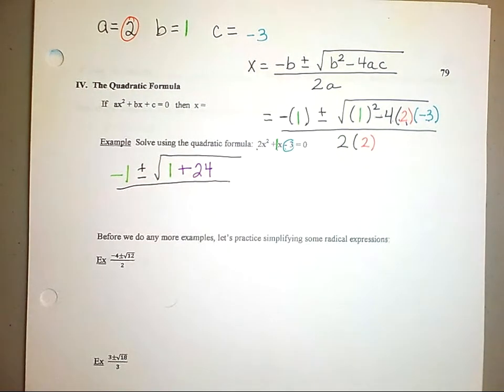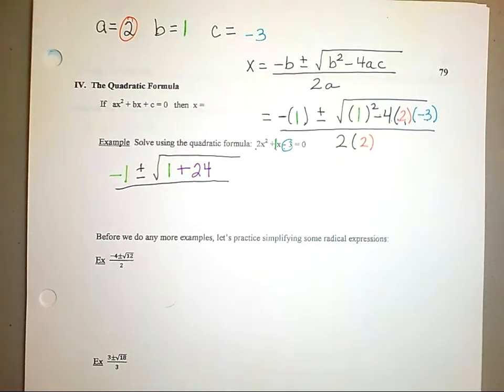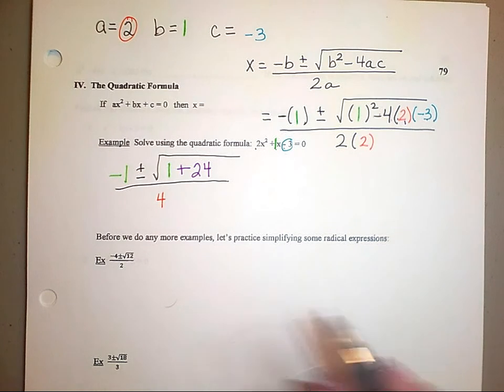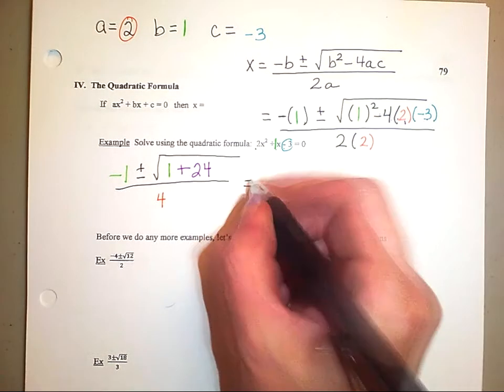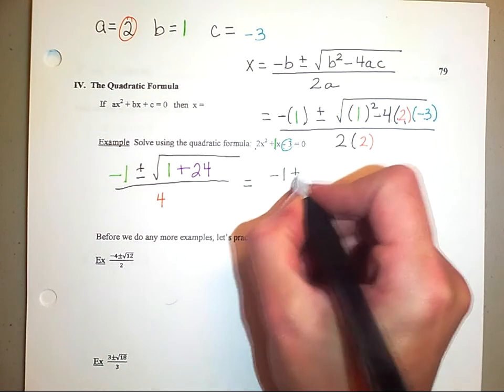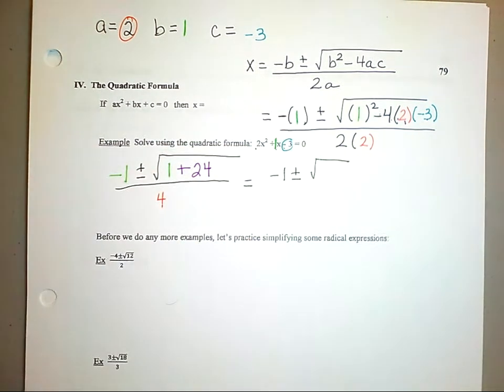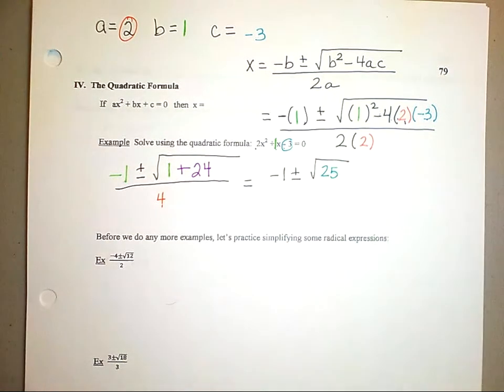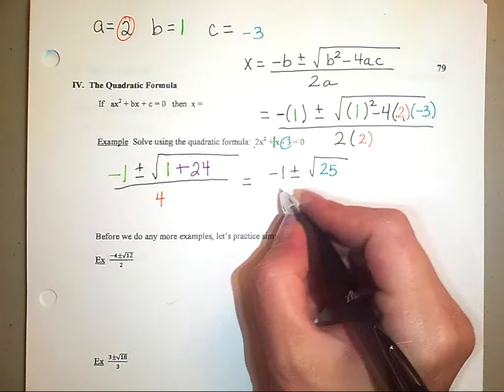And then we divide that by 2 times 2, which is 4. Which is equal to, now simplifying up top, negative 1 plus or minus the square root of 25 over 4.